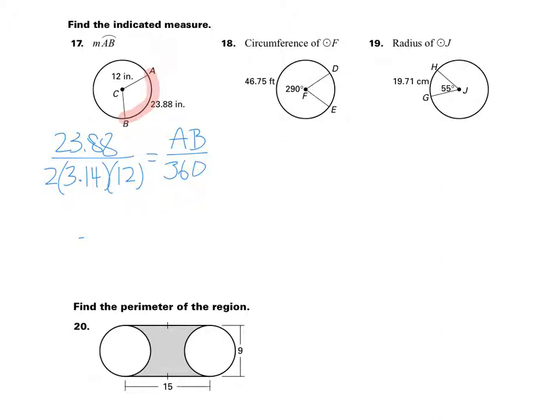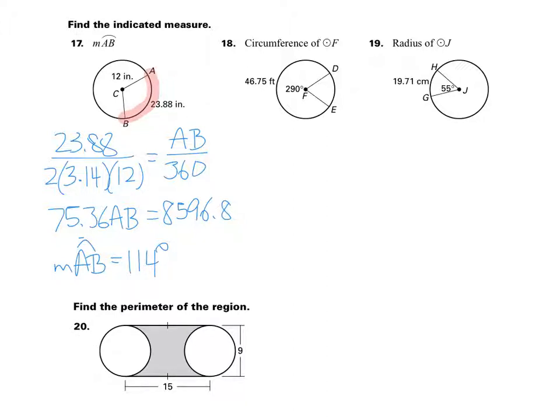Cross products equal. So this time, that stuff on the bottom there is 75.36. This is 8596.8. And then divide. It's going to equal approximately 114 degrees.